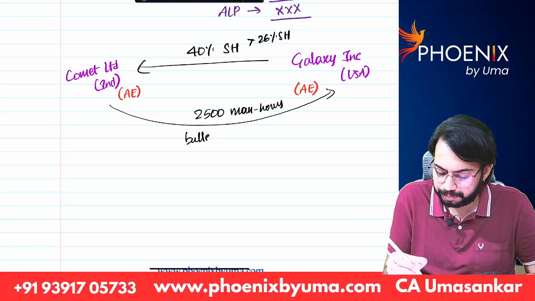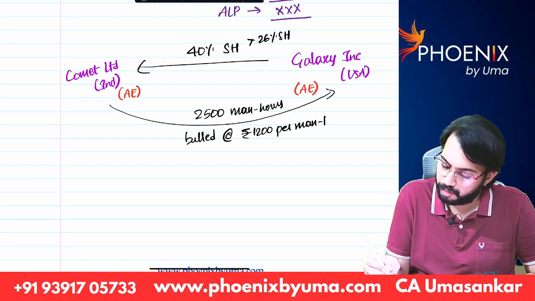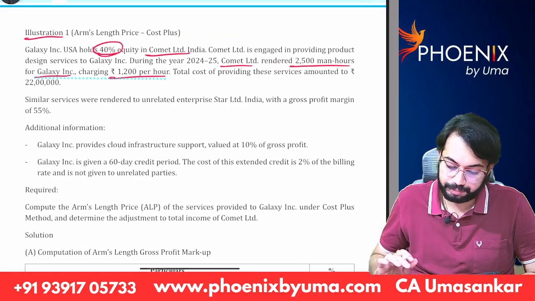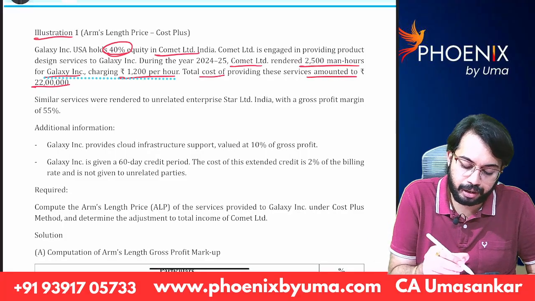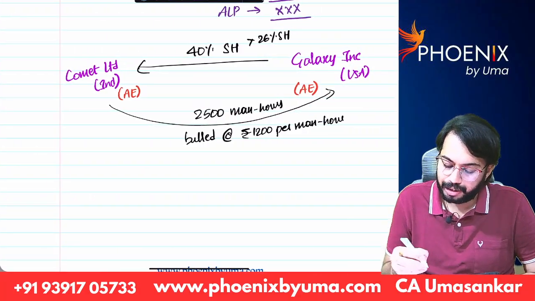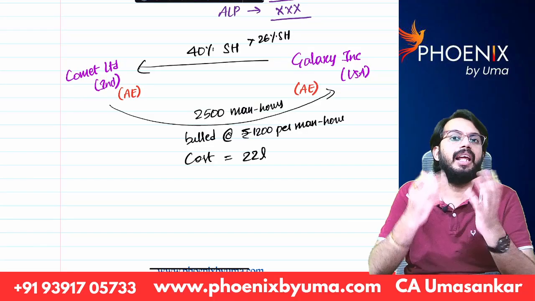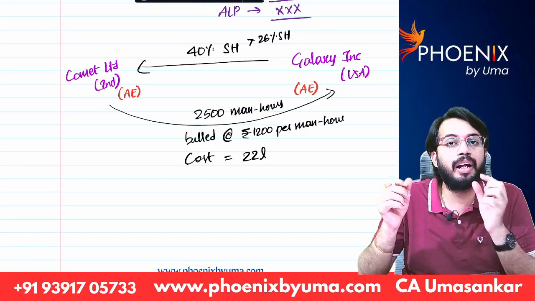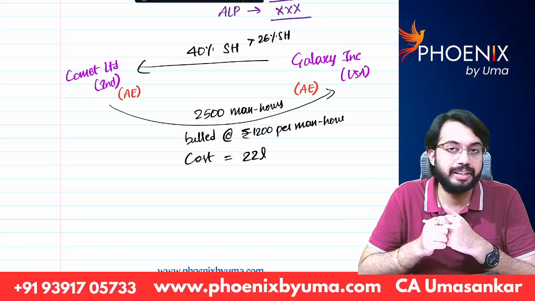Billed at 1,200 per man hour. Total cost of providing these services amounted to 22 lakhs. So how much is cost? Cost is equal to 22 lakhs. Billing, sales is done at 1,200 rupees per man hour for 2,500 man hours.